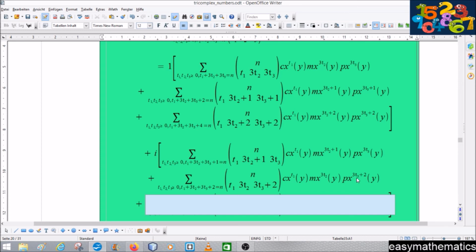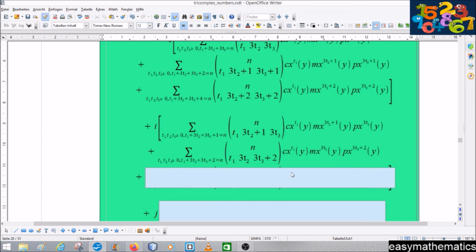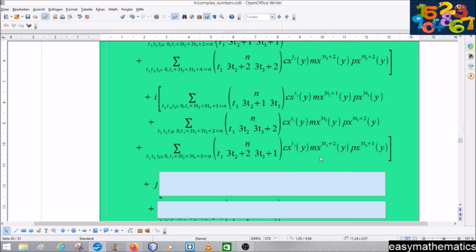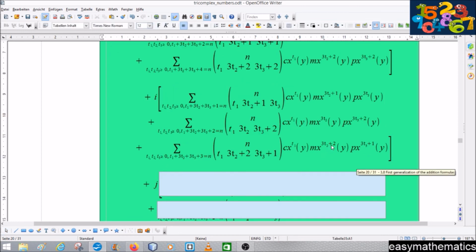This contributes also to i. And the last contribution to i is if the exponent of i leaves a remainder of 2 after division by 3, and j leaves a remainder of 1 after division by 3.